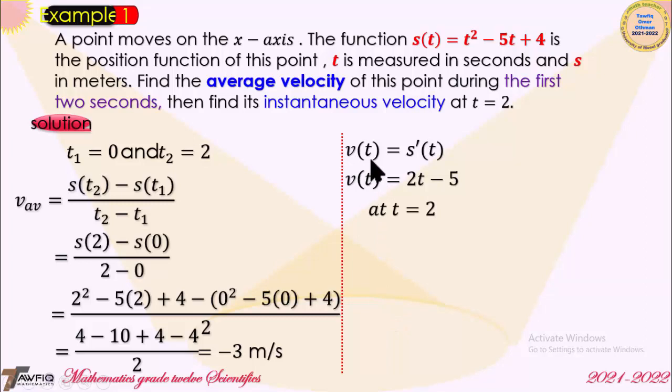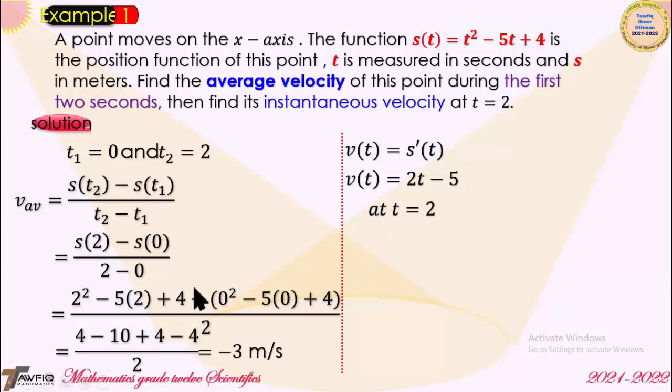v(t), which is the instantaneous velocity, is equal to s'(t). Then v(t) is equal to the derivative of this function. The derivative of t² is 2t, minus the derivative of 5t is 5, plus the derivative of 4 is 0. And now this is the velocity at any point.